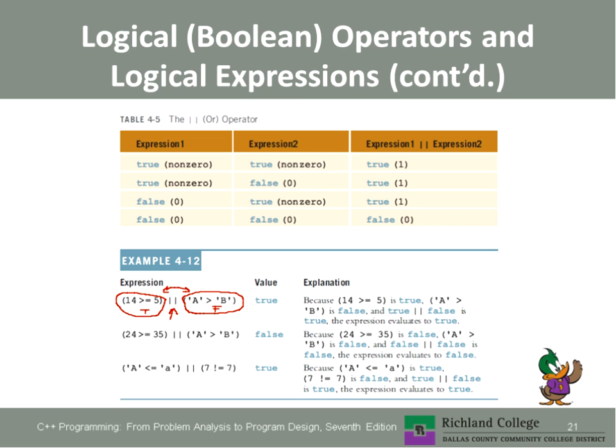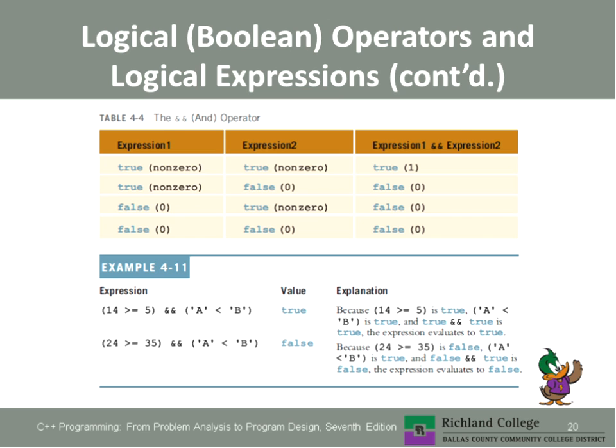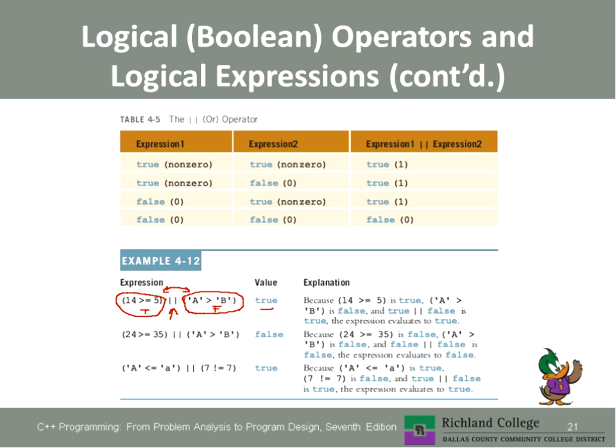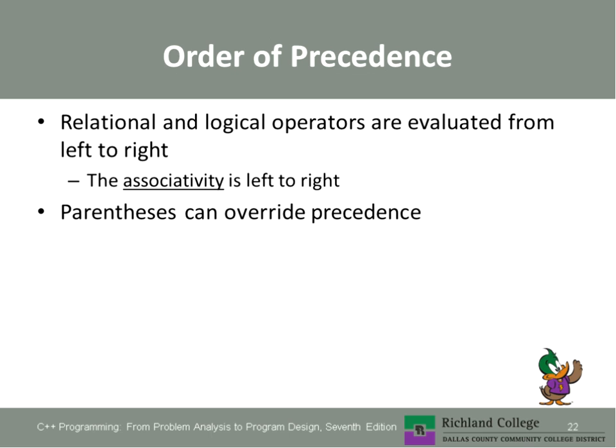But because we have the OR operator, the result is true. The result is true because the first value was true, the second value was false, and the OR operator is still going to be true.